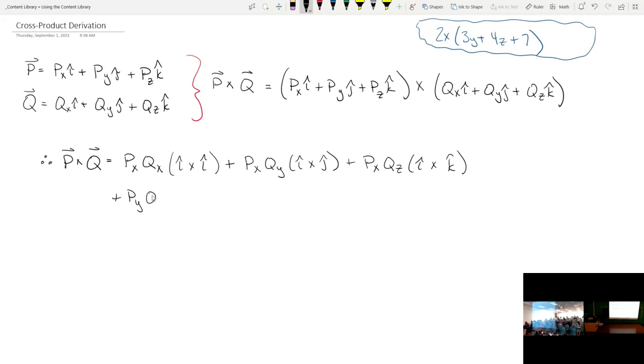PY QX, and then we have J cross I. And again, notice how I'm keeping the order, right? So it's I cross J, I cross K, and then it's J cross I. That's going to be J cross J, J cross K. I'm keeping the order here.